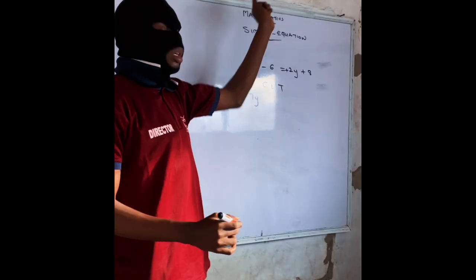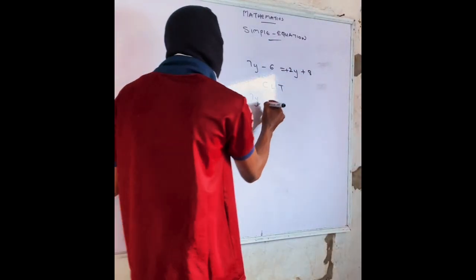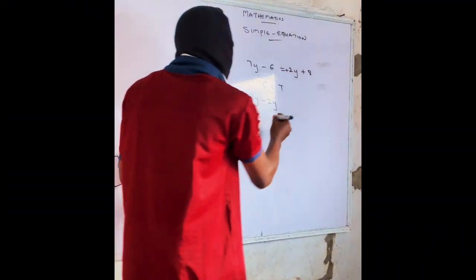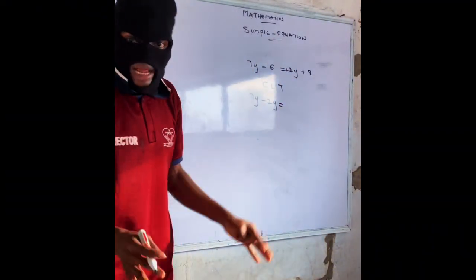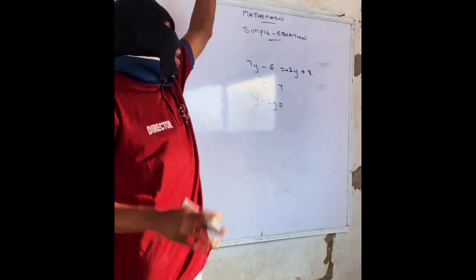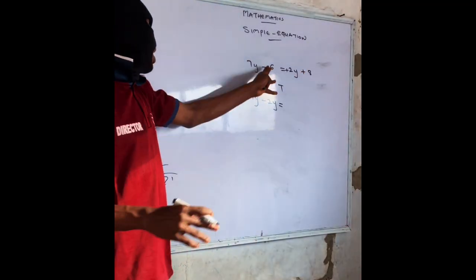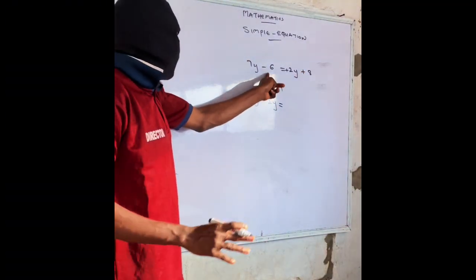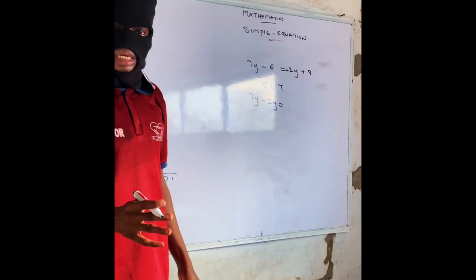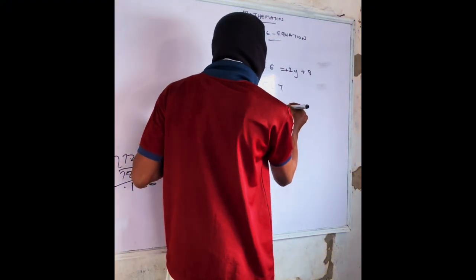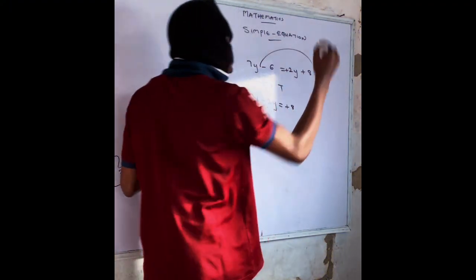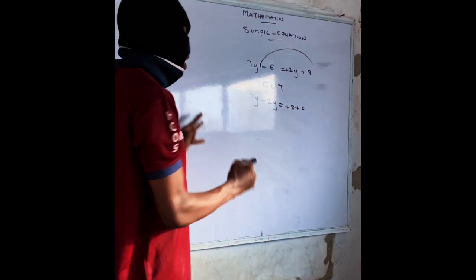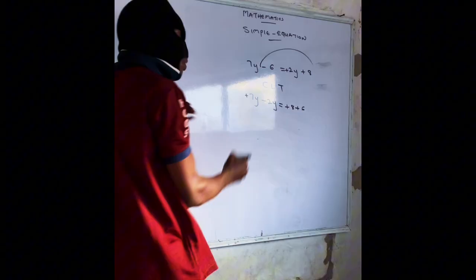If it is crossing over, it will change to minus. It will now be minus 2y. Then put your equals to, because at the same time, as this 2y is traveling, this minus 6 is also traveling. No qualms. Now, minus 6 is going to 8. Then you have your plus 8. Very simple. If this minus crosses over, it will change to plus 6.